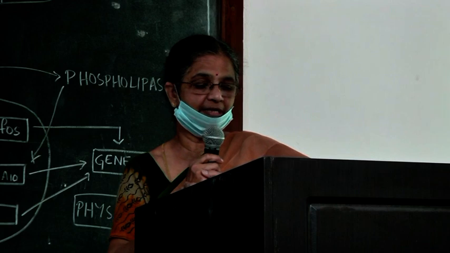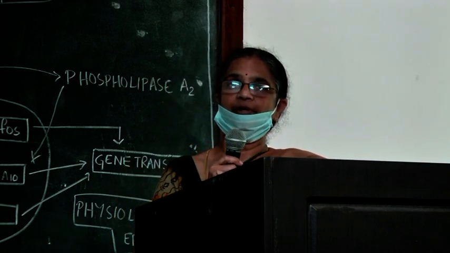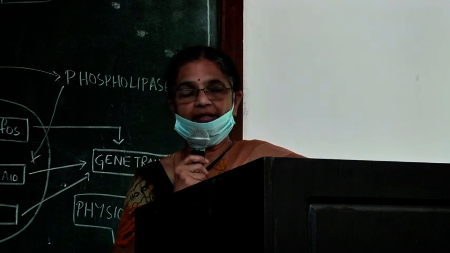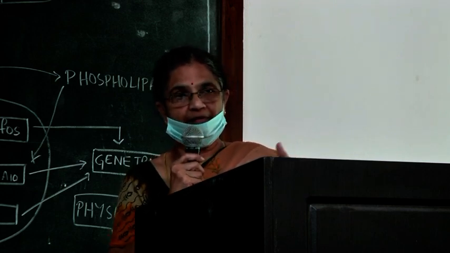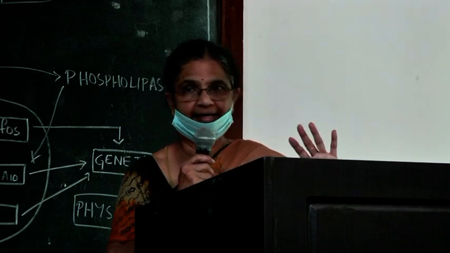And the other features are the gynecomastia, large hands and feet, the coarse facial features, and also there can be decreased libido or impotence. And these are the two important applied aspects regarding the increased secretion of growth hormone after the fusion of epiphysis, that is acromegaly, and before the fusion of epiphysis, that is gigantism.